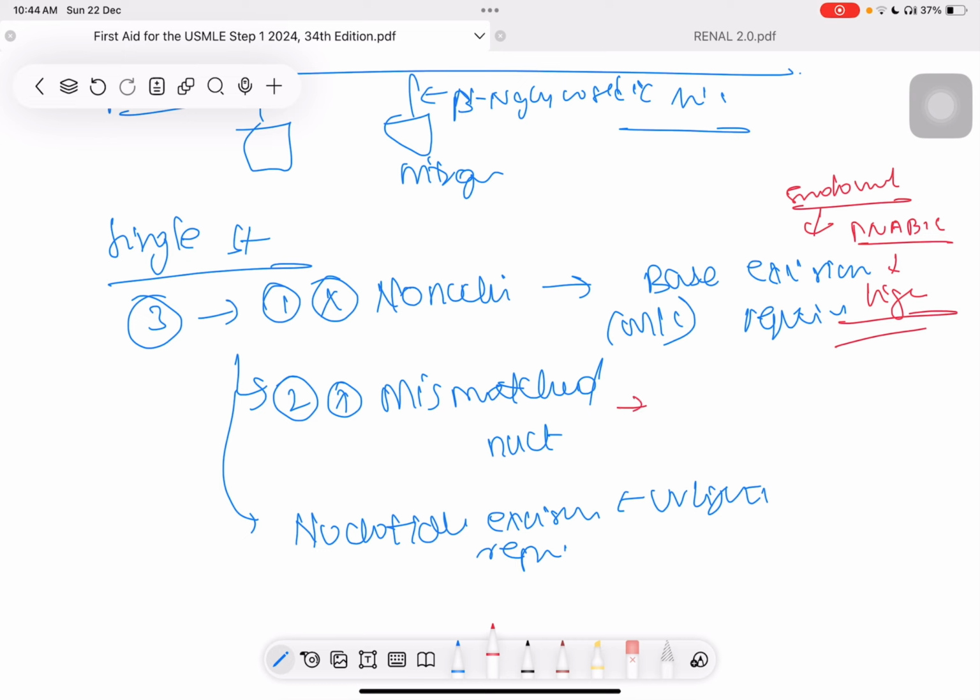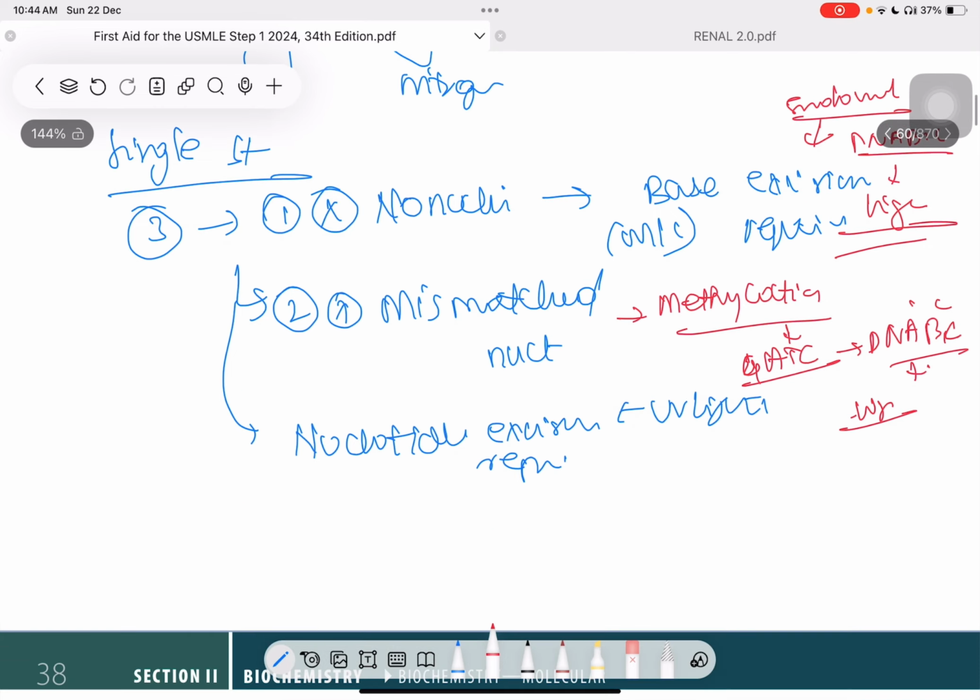In mismatch repair, you first have methylation, since you need to differentiate which is the true strand and which is the false strand. Once you have methylation, you have GATC endonucleases, which create a nick over here. Once they create the nick, you have the action of DNA polymerase beta epsilon, and then the action of ligase which seals it. That's it.